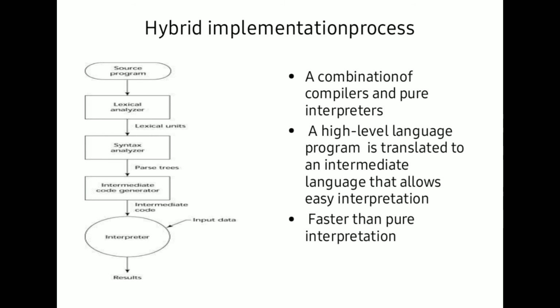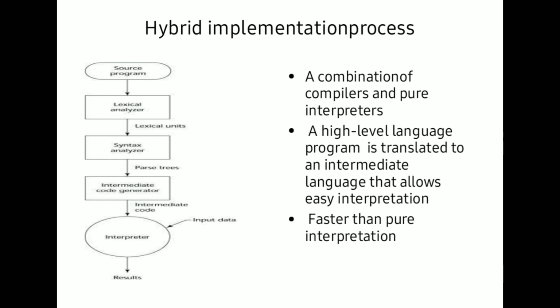Syntax analyzers produce parse trees, and those parse trees generate intermediate code. That intermediate code is passed to the interpreter, and the interpreter takes the input and executes all this together to produce the result.